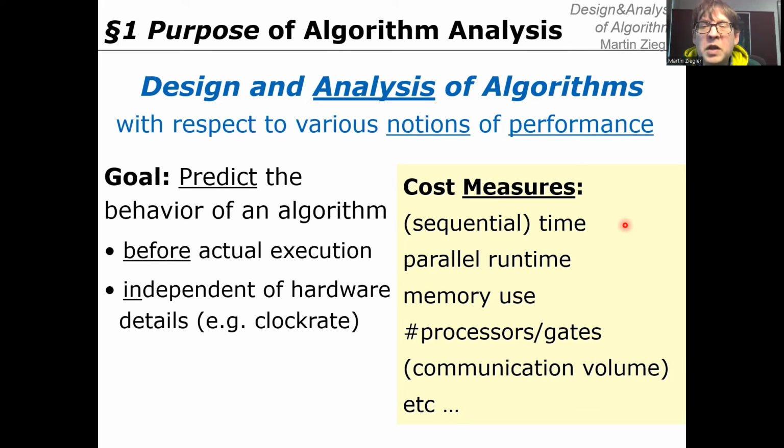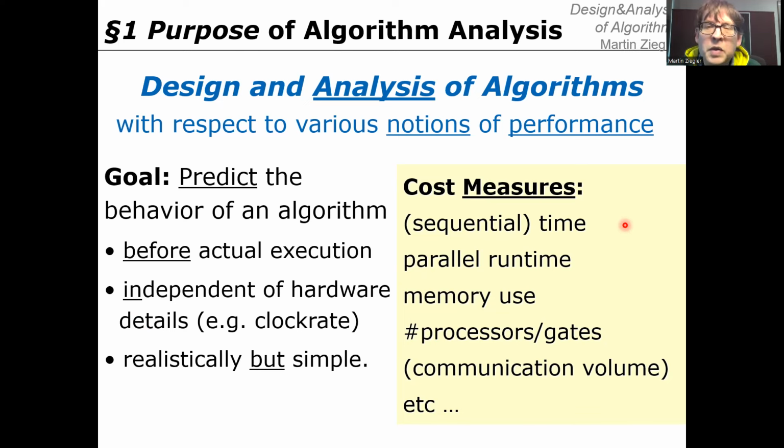It only depends on the input size, whereas different inputs may result in different behavior of actual implementations. So the purpose really is to have some independent assessment of the quality of the algorithm that is independent of the particular input, independent of the particular hardware.